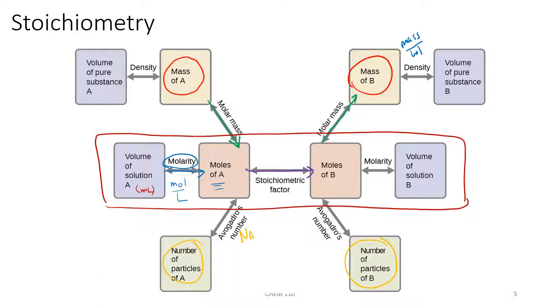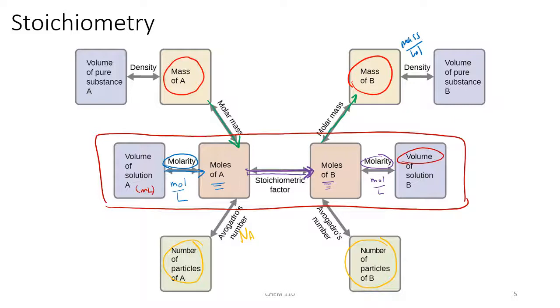Once we have number of moles, it's exactly the same as it was before. We can still use the balanced chemical equation in order to convert to moles of something else. And then depending upon what the question's asking for, we might be solving for an unknown molarity, or we might be using a second molarity in moles per liter to figure out an unknown volume of something.